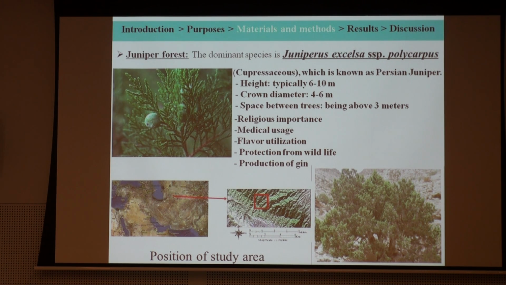Also, this species can produce a white wood with a good smell, and we can also produce gin from the fruit of this species. You can see on the map the location of this forest in the northeast of Iran.